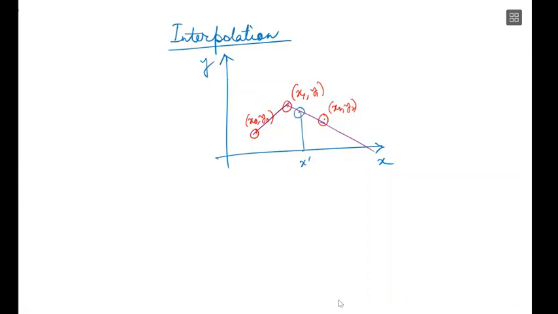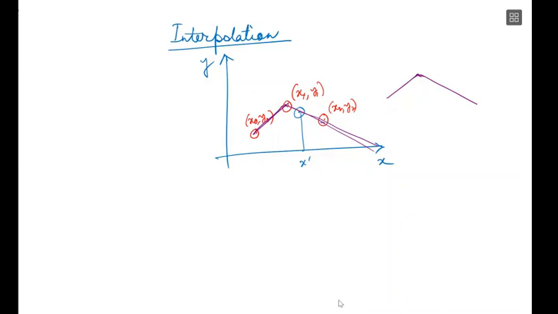This is one way. But what we have taken here as the function consists of these straight lines, and at this point x1, y1 there is a sharp edge. If there is a sharp edge, the function will not be differentiable at that point, although it is continuous there.